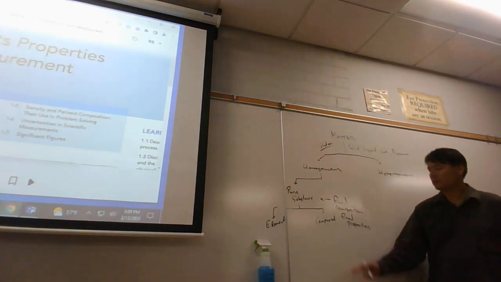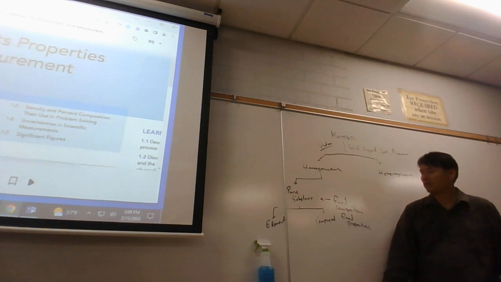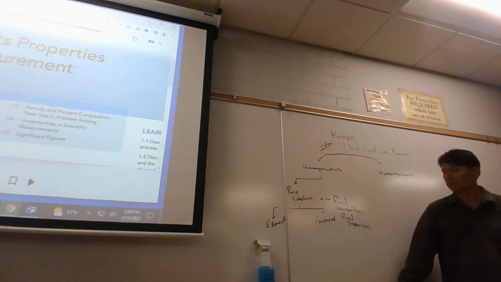So if we're looking at the pure substance water, it is going to have a fixed composition, 2 hydrogens to every oxygen, and fixed properties. It's going to have a fixed density, fixed freezing point, a fixed boiling point, etc.